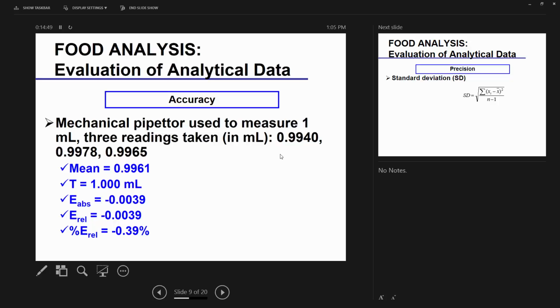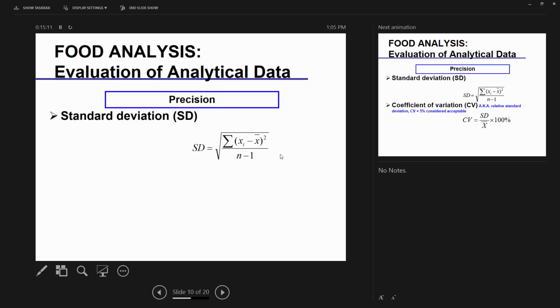Yeah, so forget about the negative here, it's just the difference. The negative is just telling you which direction. It's lower than the true value. Not for all of them. But the negative here is again just telling you which direction it's different.